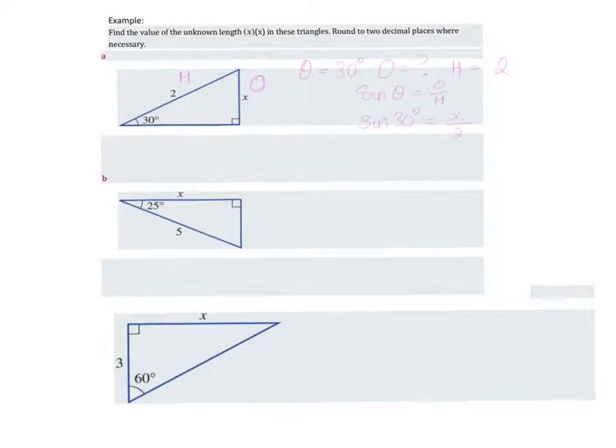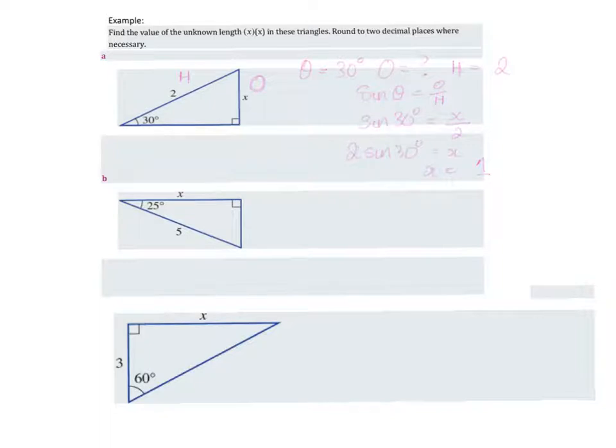And now with the unknown up the top, x is divided by 2. We're going to bring the 2 across by timesing. So 2 times sine of 30 degrees is equal to x. So what does x equal when we put it into our calculator? X is equal to 1.